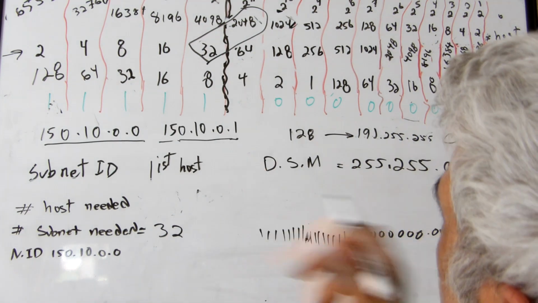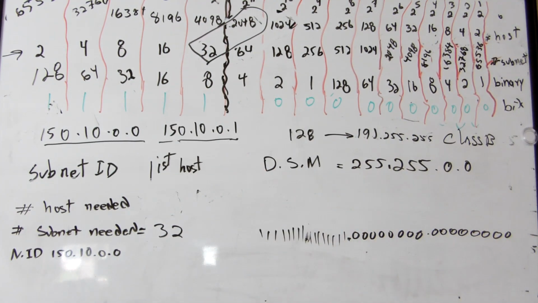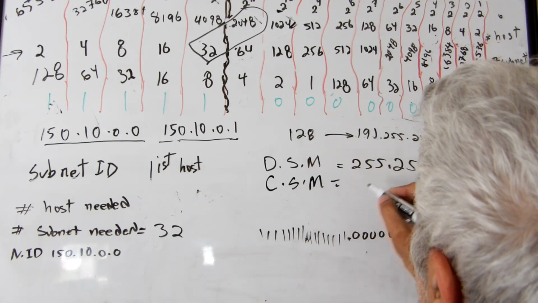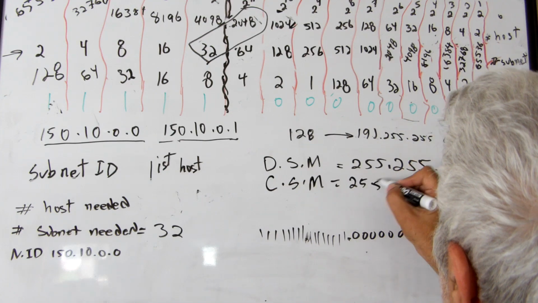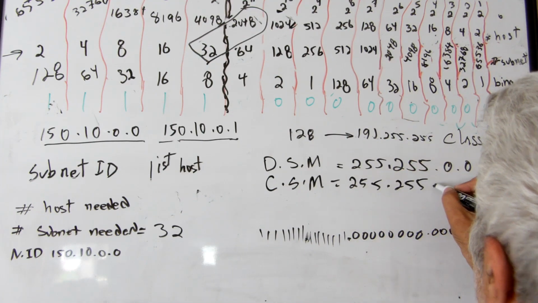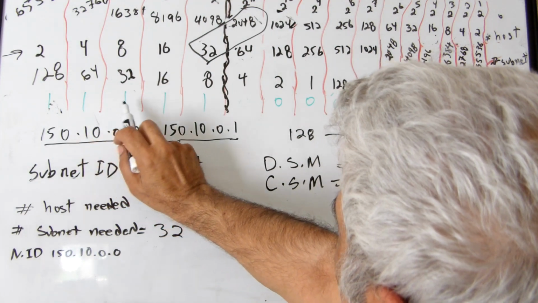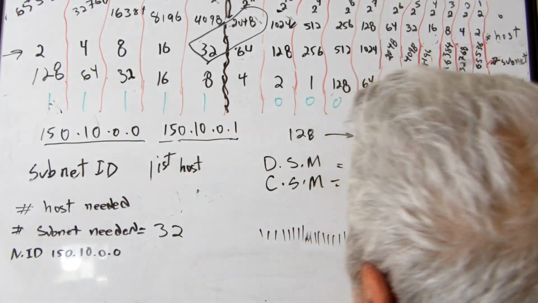But when they want you to subnet that and find the custom subnet mask, you see that this is 255, 255, and then you see how many bits borrowed: 1, 2, 3, 4, 5.